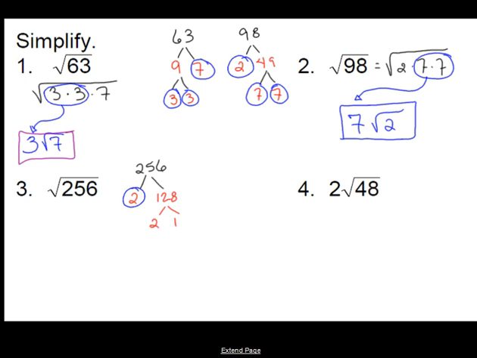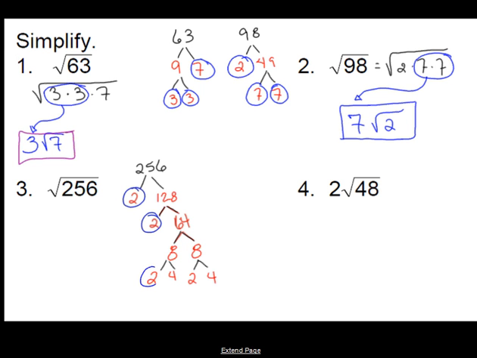2 times 64 this time. Oh, look, 2 is prime. Oh, 64, I know 64. 64 is 8 times 8. No prime numbers yet. Here and here can be split down to 2 times 4, 2 times 4.